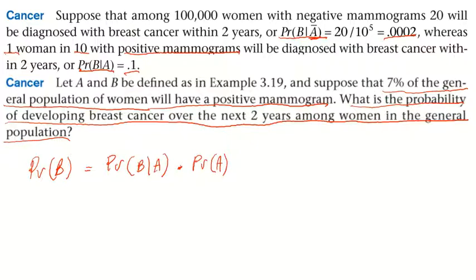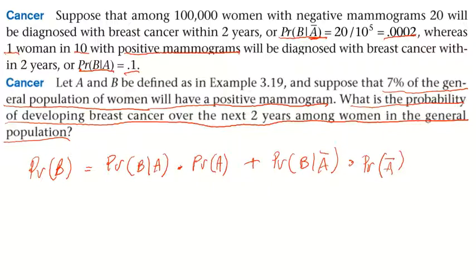Right? That's from the unconditional probability equation. Plus the probability of having breast cancer when the mammogram is negative times the probability of the mammogram being negative.